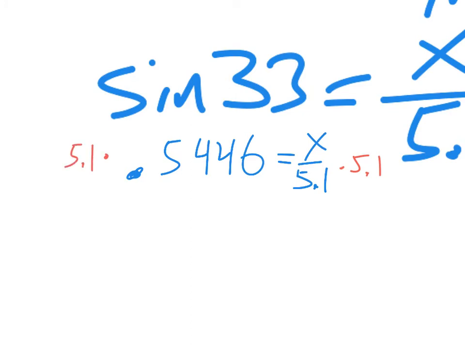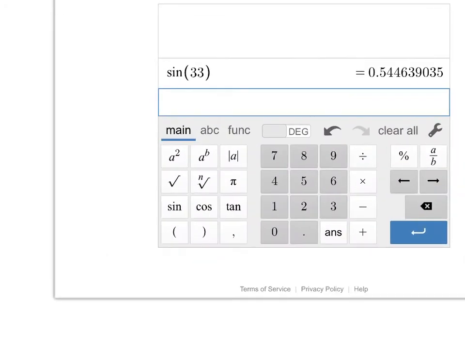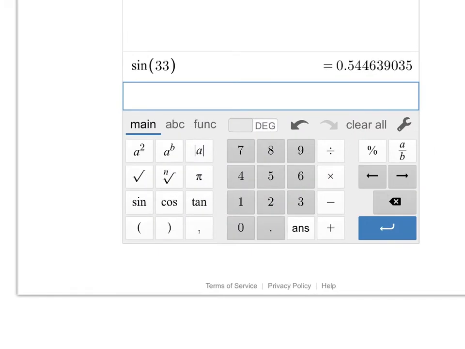Okay, and so we end up with, let's go check our calculator. So we have 5.1 times 0.5446. All right, great. And there's our number, 2.77746.